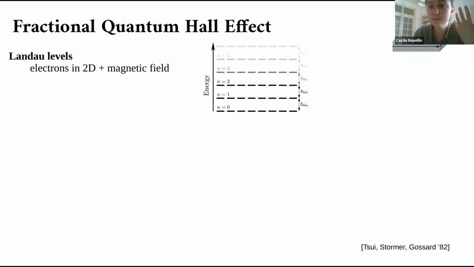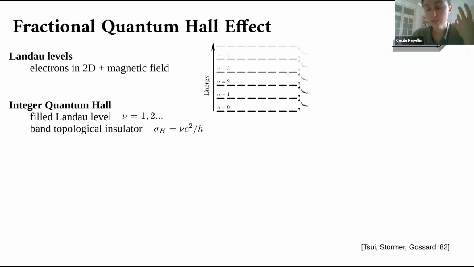And if you diagonalize the Hamiltonian of an electron in a magnetic field and confined to two dimensions, the answer you get from diagonalizing this single particle Hamiltonian is a spectrum which is made of these degenerate levels called Landau levels. Each level has a macroscopic degeneracy, which is equal to the number of flux quanta in the system. And you have a finite gap between each level, which is called the cyclotron energy.